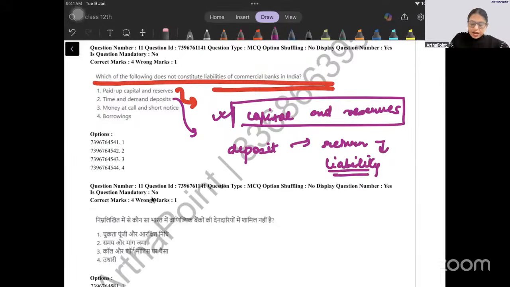Right. Now comes point number 3 and point number 4. Look at point number 3. It says money at call and short notice.